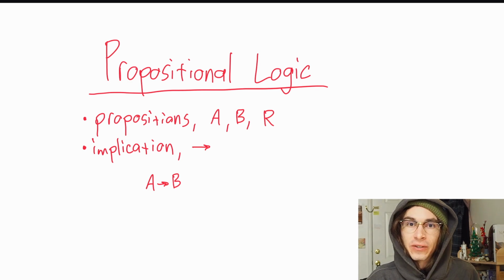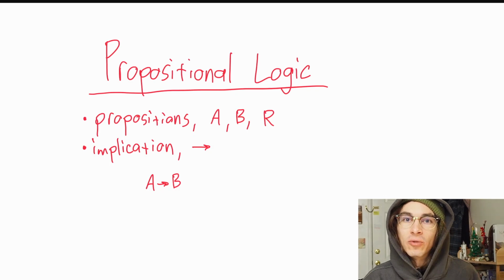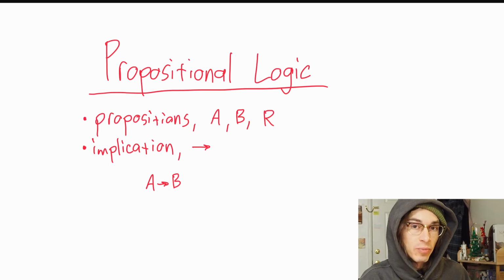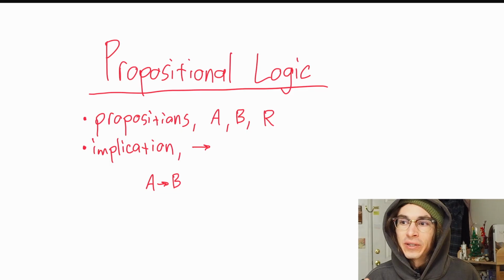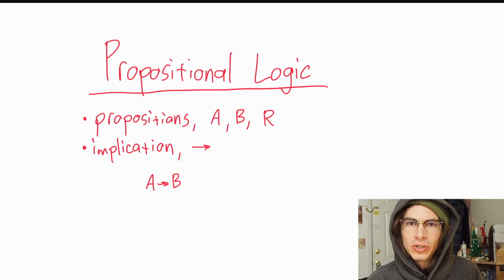What that says is if A, then B. And A and B are just some statement that is true or false. Like I said in the introduction video, it could be the TV is on. It could be 2 plus 2 equals 4. It could be 2 plus 2 does not equal 4, because it's just a statement that is either true or false. So propositions and implications are the foundational things.